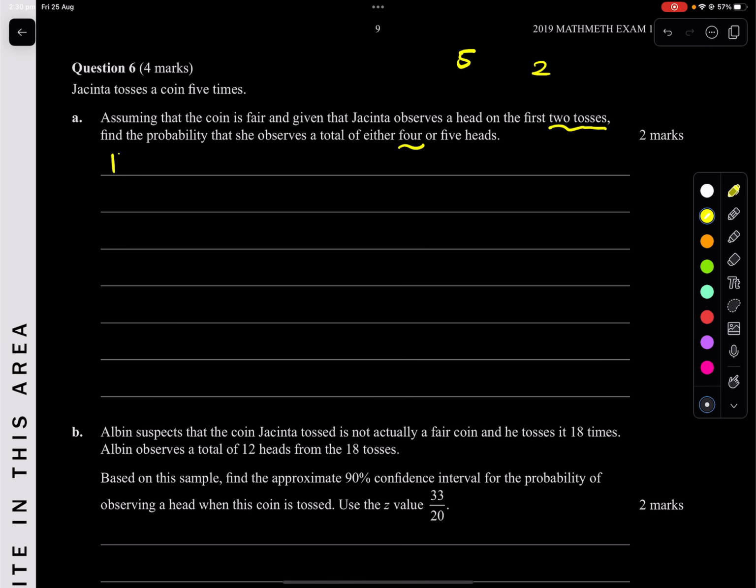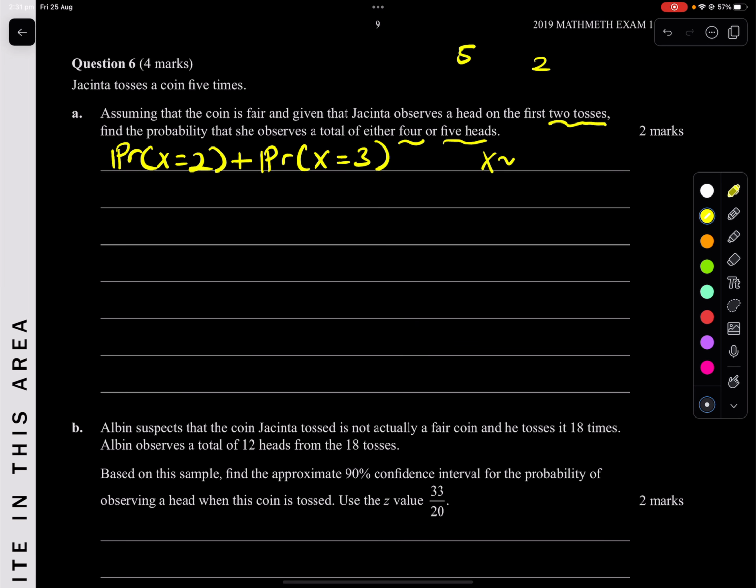So we can say she needs another, probability of X equals 2, and or plus 5 heads. For her to get the 5 heads, we already know she got 2, so she needs another 3 heads. So probability of X equals 3, where our X is binomially distributed.